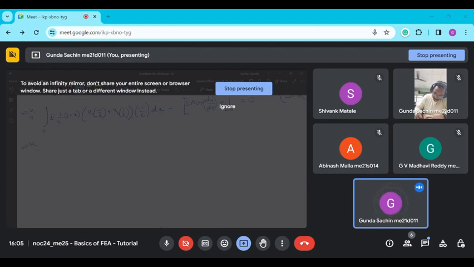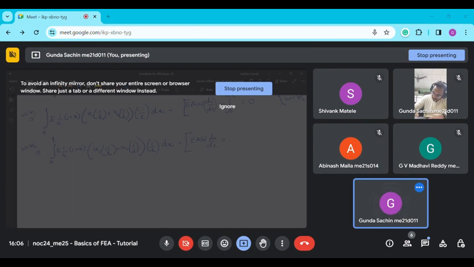That is for w equals psi 1. Similarly, we will solve for w equals psi 2. Then we will have the integral 0 to L of E times 1 by 4 times (1 plus x), du by dx will not change, and dw by dx will be 1 by L times dx.